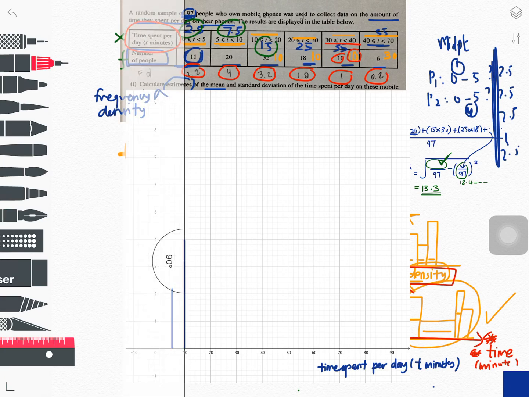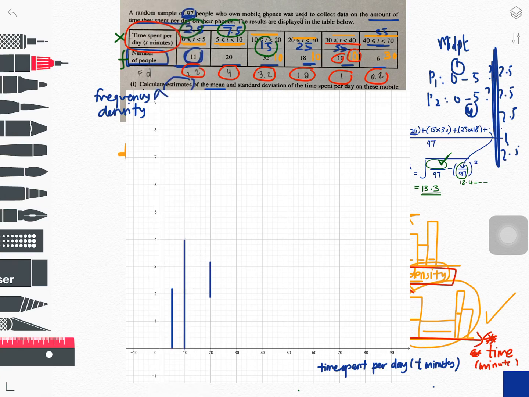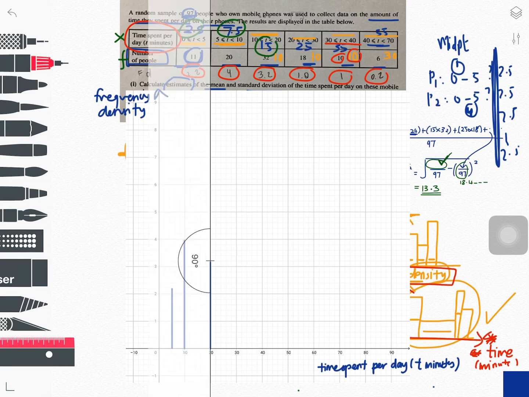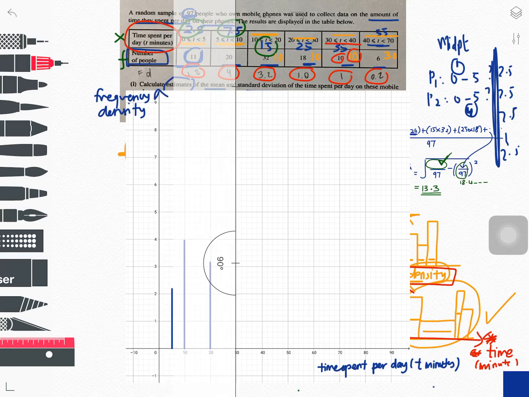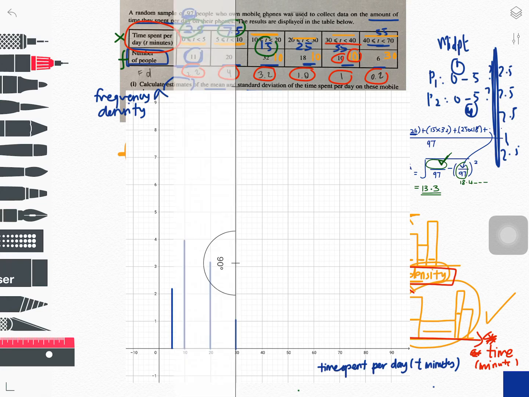So let's go do this. And then 10 to 20 it's 3.2. And 20 to 30 it's 1. 30 to 40 again it's 1.